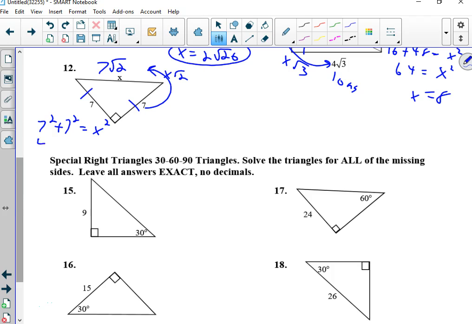Well, that's 49 plus 49. So x squared equals 98. My square root, obviously this is going to break down to 49 times 2, because I just added 2 of them, right? And the square root of 49 is 7. 7 root 2.